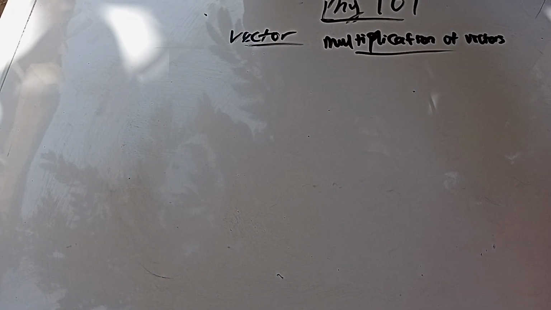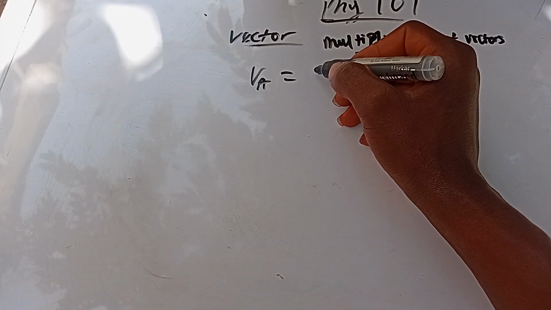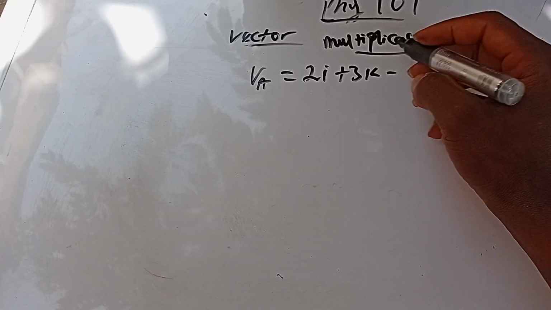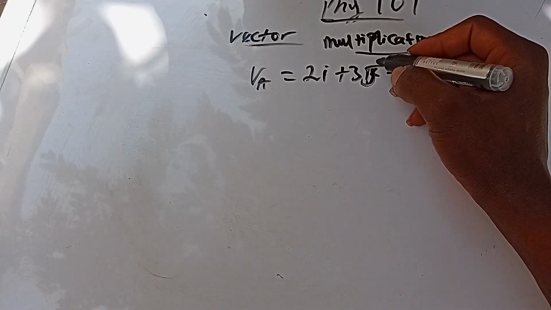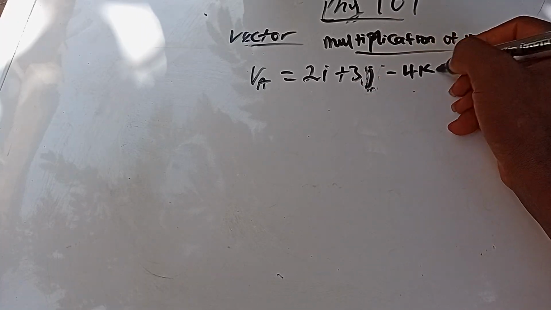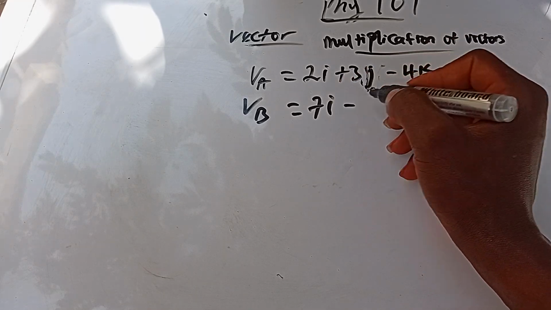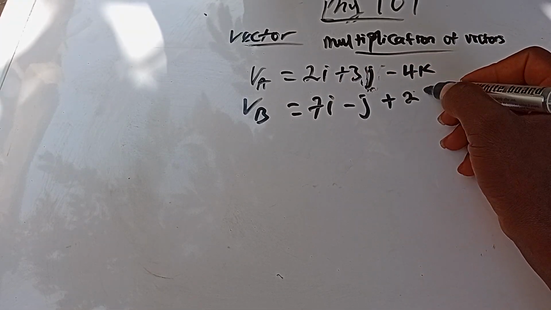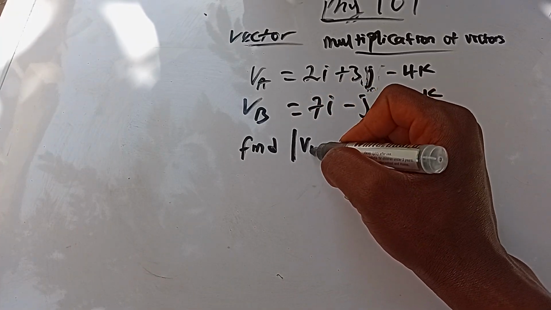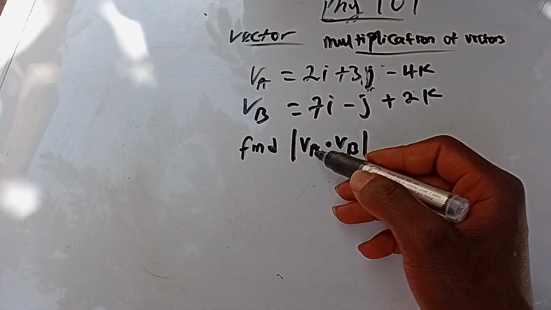Now if we have vector A equals 2I plus 3j minus 4k, and we have vector B equals 7I minus j plus 2k, then find the magnitude of A dot B. You first find the dot product.